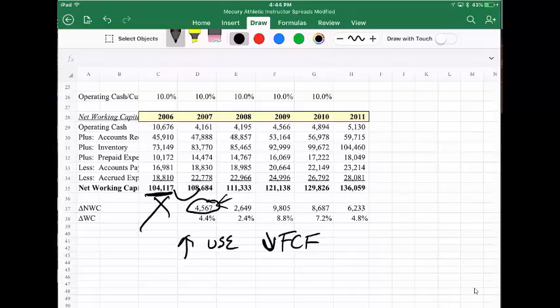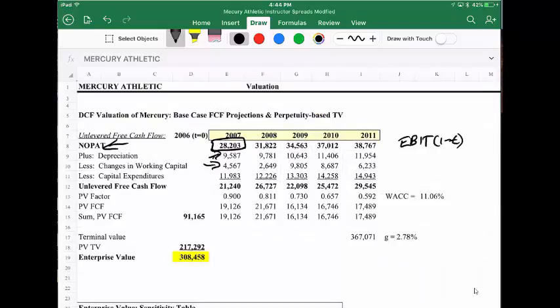Although this author uses some other accounts in his or her calculation of net working capital, for our purposes we're only going to be using accounts receivable, inventory, and accounts payable. So we use their number, and then we subtract out the capital expenditures to come up with our free cash flows for the planning horizon of 5 years.